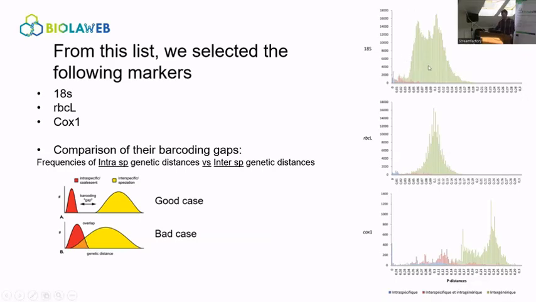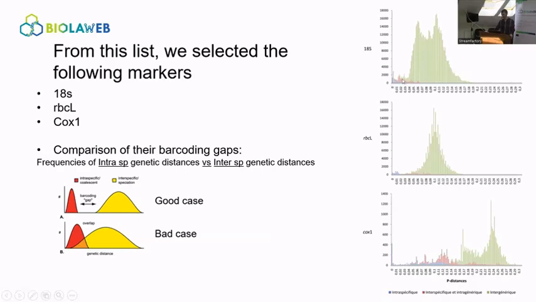We're going to start with the blue. Maybe you don't really see it in the back. Here, you mostly have blue colors. These are intraspecific distances, when you compare sequences belonging to the same species. So low distances, of course.